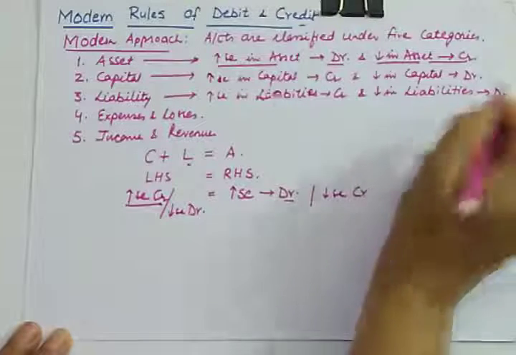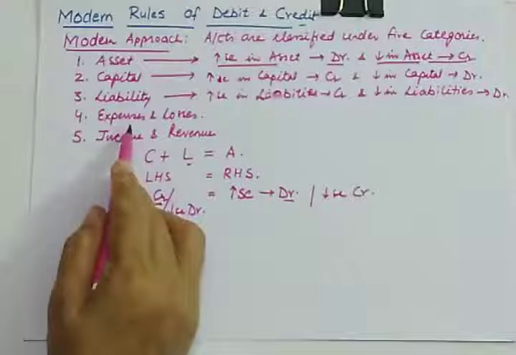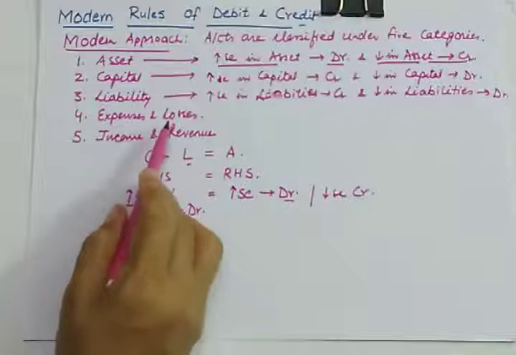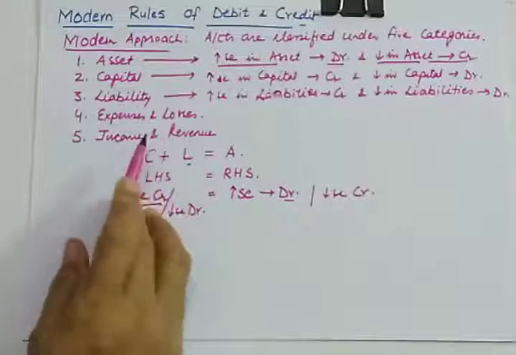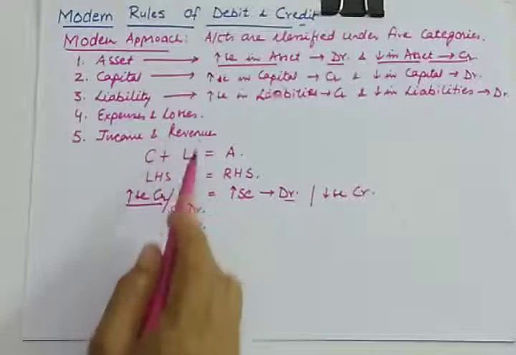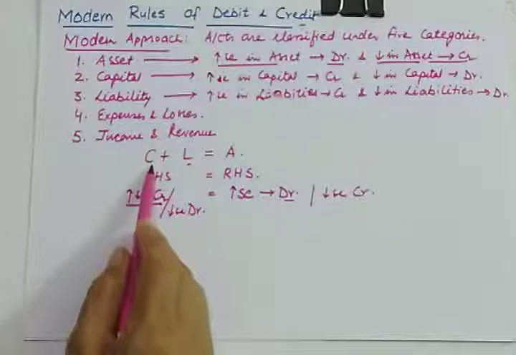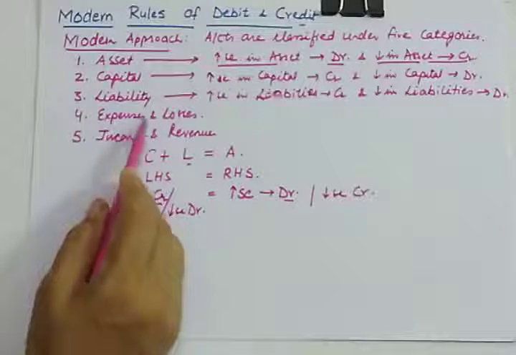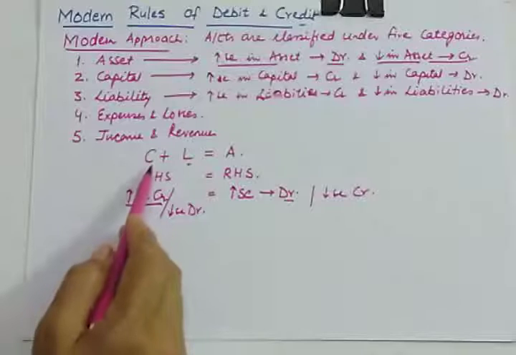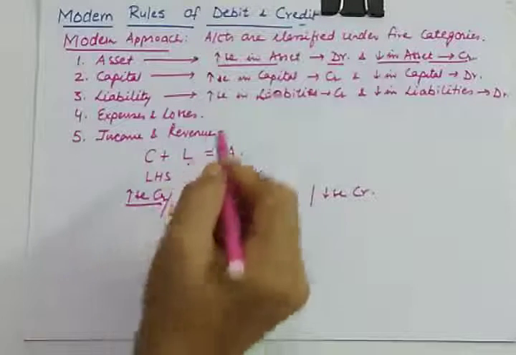Now again comes the rule for expense and losses, and this was not there in the accounting equation. So how to deal with expense and losses? You know that expense and losses are deducted from the capital. It means the rule which is applicable for capital, the opposite rule will be applicable for expenses and losses, because these expenses and losses will reduce the owner's fund.